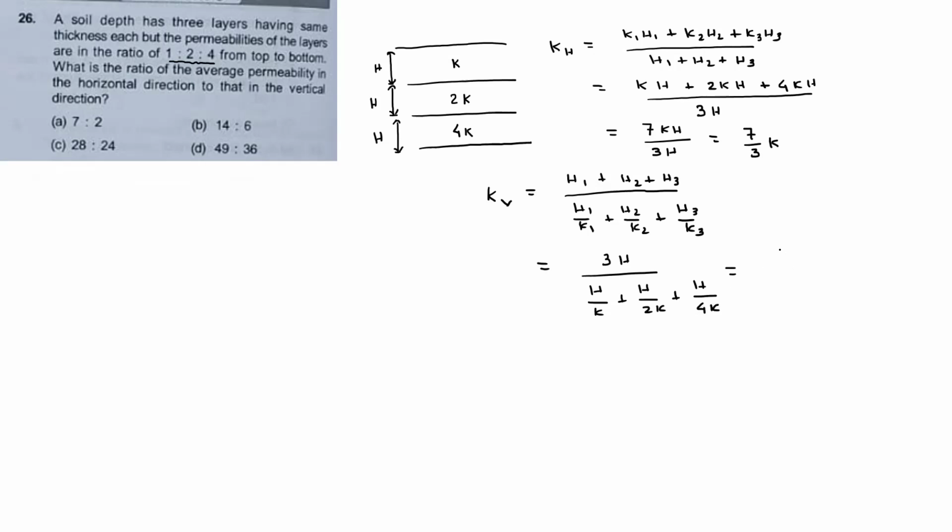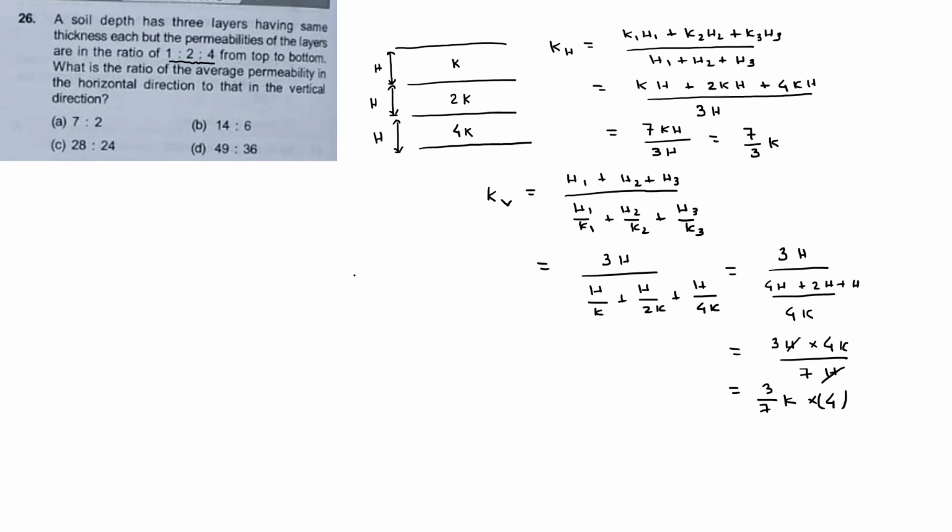If you add these three terms, the common denominator is 4K, so this is 4H plus 2H plus H. So this is 3H multiplied by 4K divided by 7H. H gets cancelled out, so this is 3 by 7 K multiplied by 4.